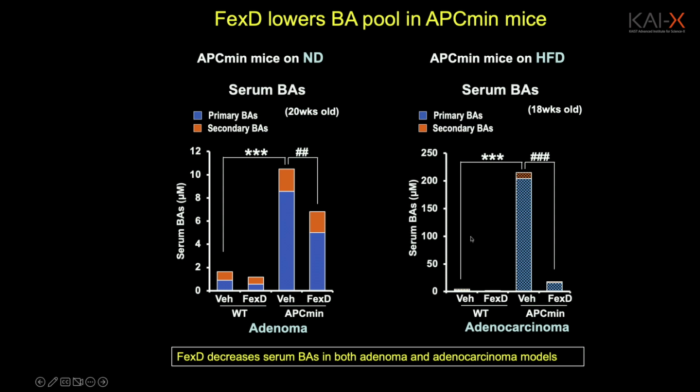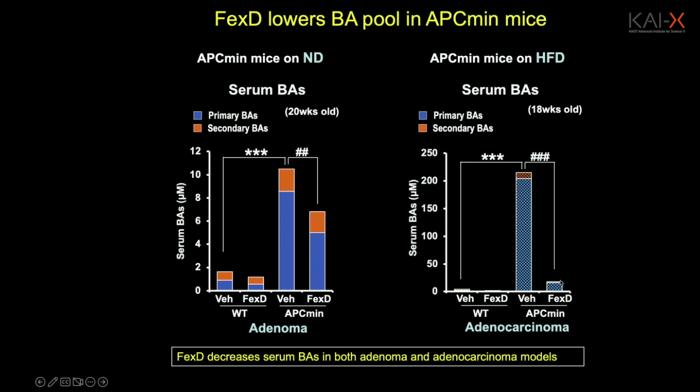But more surprisingly is in the adenocarcinoma, where we are putting the APC min mutation on high-fat diet, you're getting up to just a gigantic serum pool size. And in that context, you now see FEX-D bringing things down.